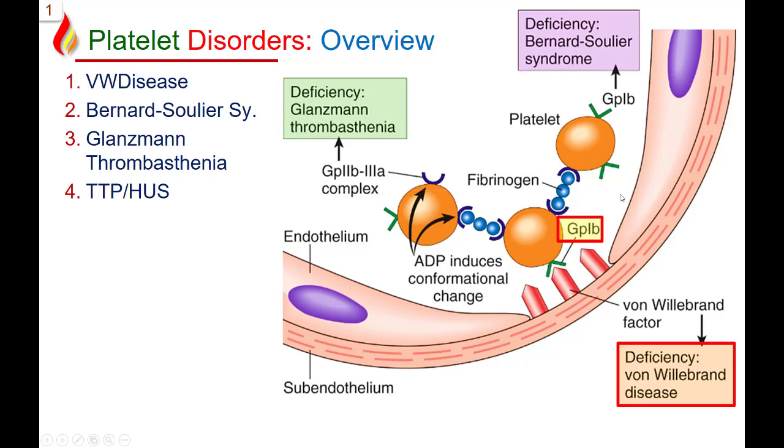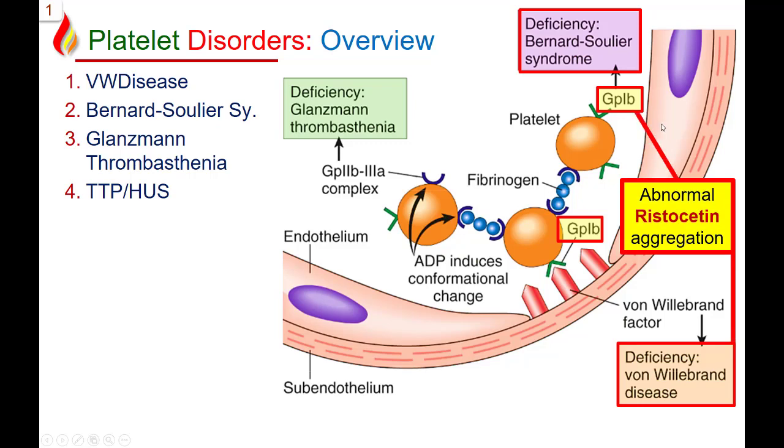But there is also another congenital disease of defective group 1B known as Bernard-Soulier syndrome. So it is something like von Willebrand disease, but not because of von Willebrand factor, but because of the receptor itself being abnormal. Now both these disorders are diagnosed by abnormal ristocetin aggregation.